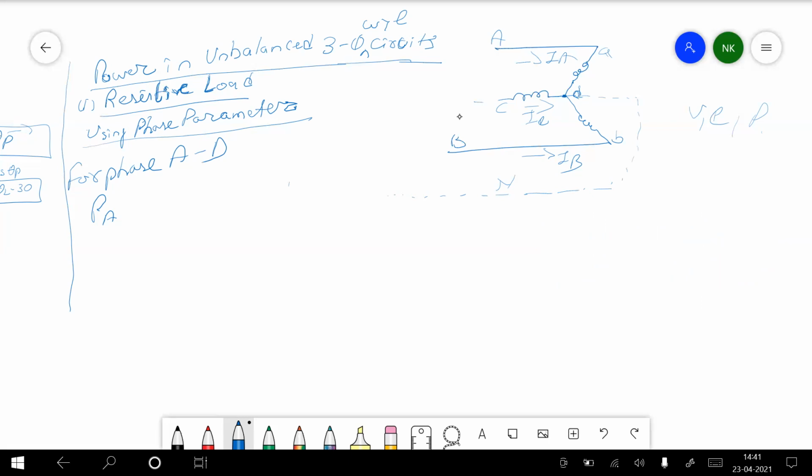So now PA would be equal to VAD, the voltage across that phase, times IA. Why am I writing IA? Because be it phase or be it line, it will be the same. In star we know, right? Am I right or wrong?